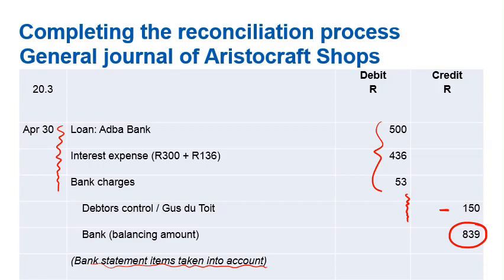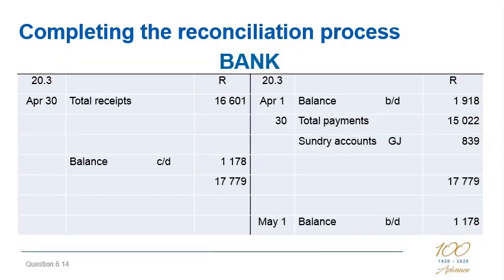Why did I do this journal in the first place? Remember, from a source document, I go to the journal, going through to the general ledger. So I want to use this 839 in my bank account as my bank statement adjustments.